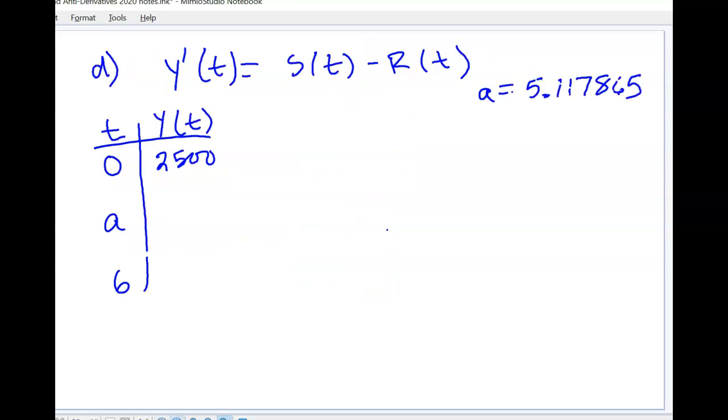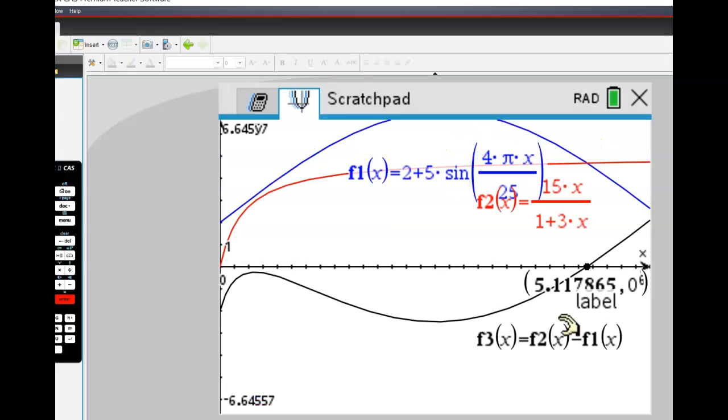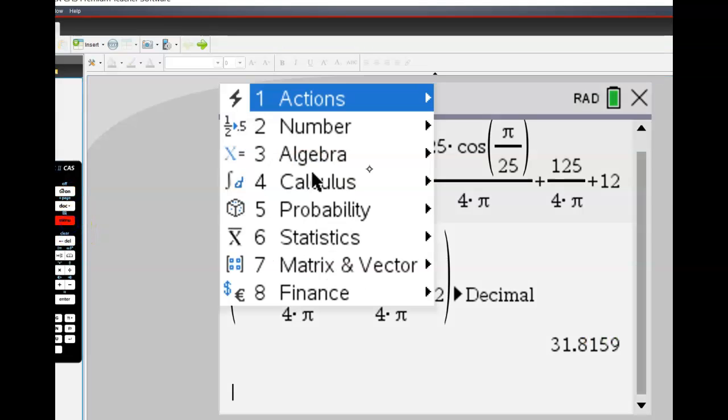So to figure out y of 6, it's going to be 2,500 minus the integral from 0 to 6 of s of x minus r of x dx. So using my calculator, okay, I'm going to go back to the calculate mode. I'm going to get rid of this stuff.